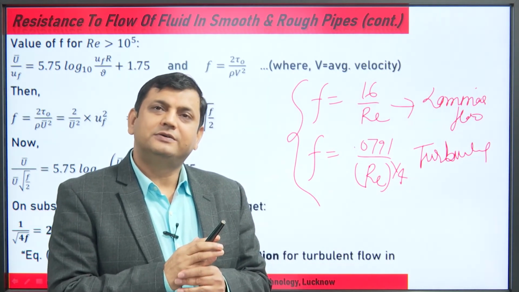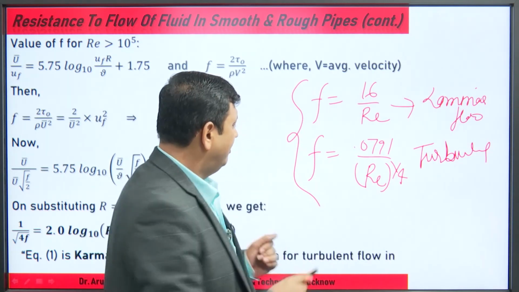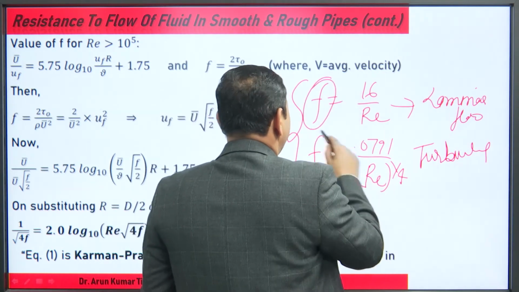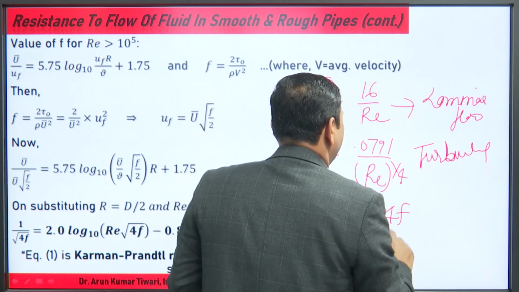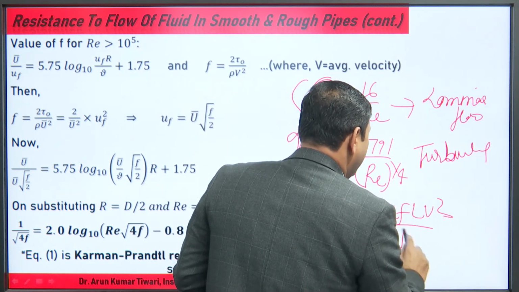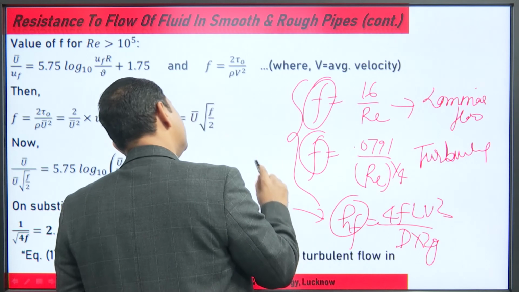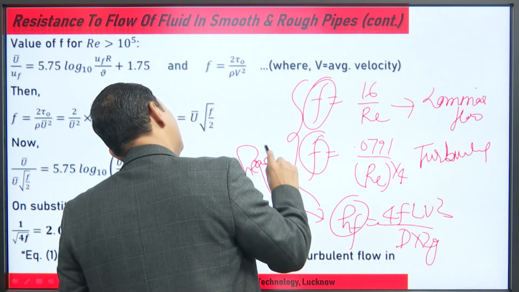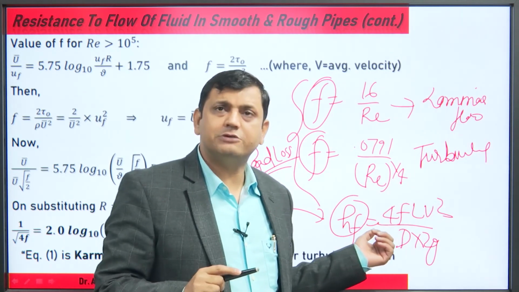So in the equation hf equals 4FLV square upon D into 2g, this is the head loss calculated by the Darcy-Weisbach equation.